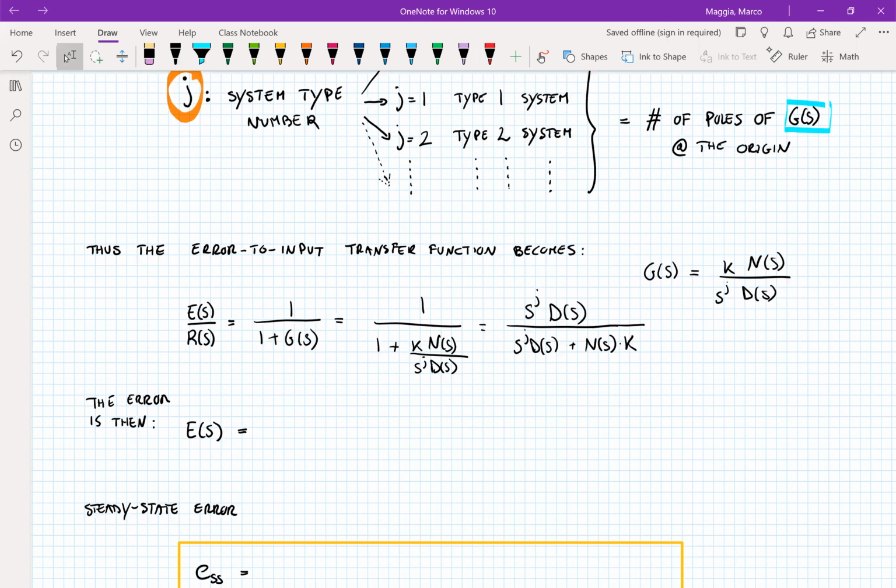Or if we simply want the error function in the S domain, we simply have to multiply everything by the input. Here we go.